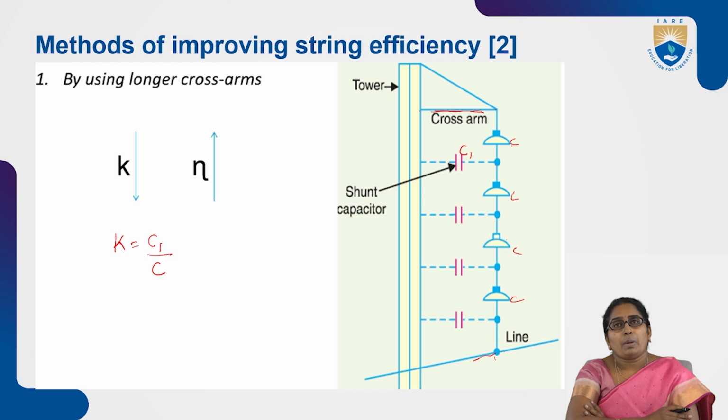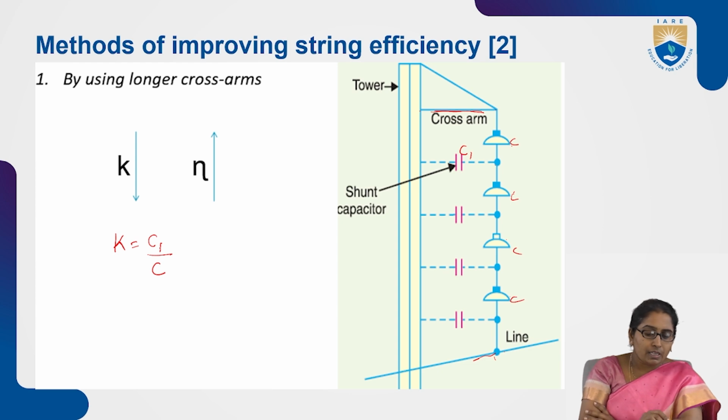The shunt capacitance effect can be neglected, because the distance is more. So that's why the C1 effect can be neglected, which means the K ratio, the K value, will be reduced.